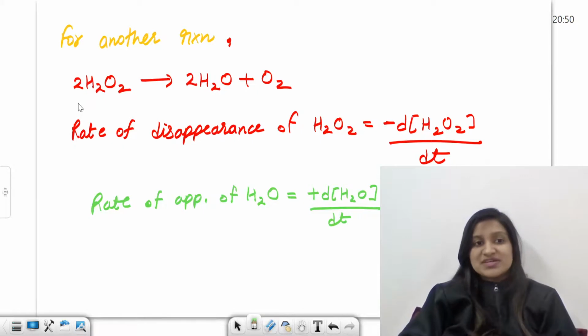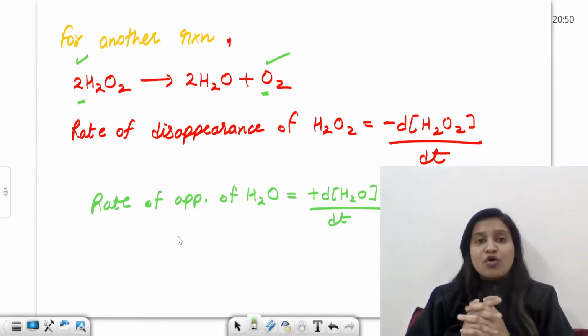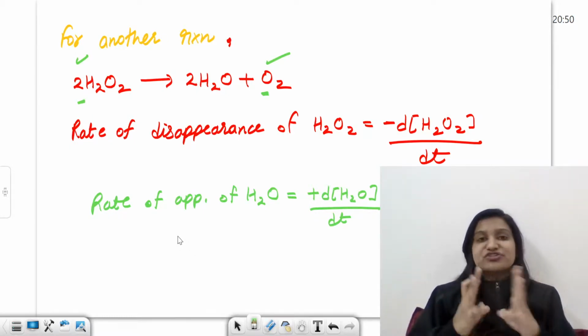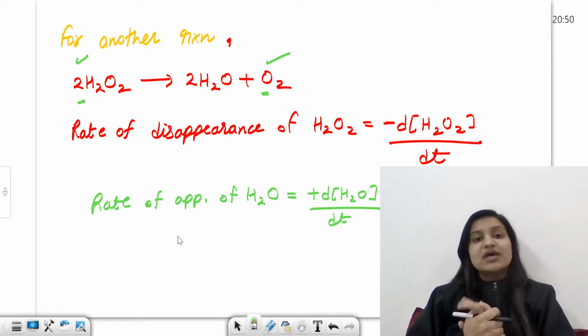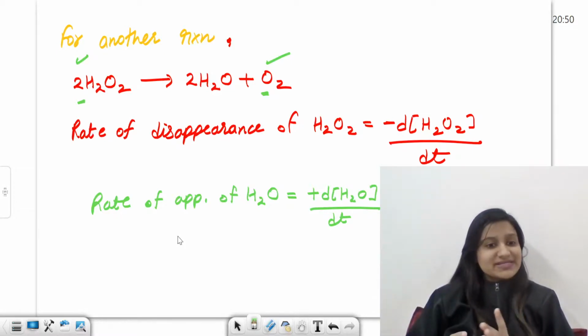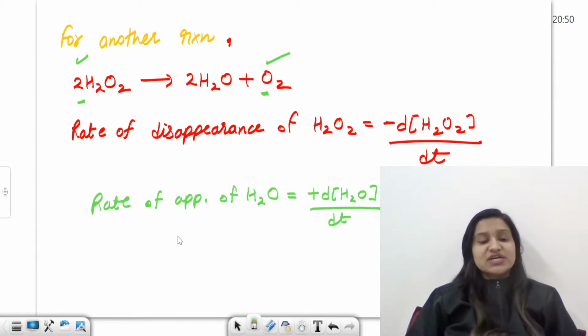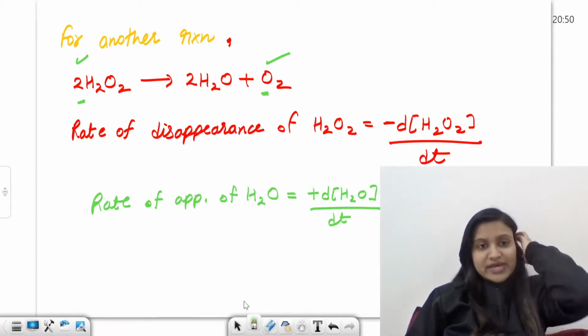See the stoichiometric ratios. Here it is 2 and here it is 1, right? So we can say that the rate of appearance of oxygen will be half of the rate of disappearance of H2O2. Correct? So this is something which we need to take care of. Okay?